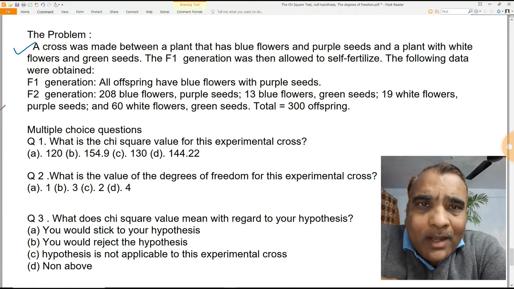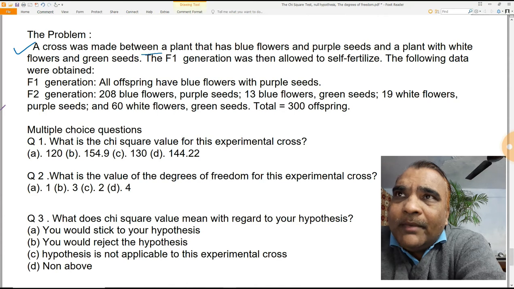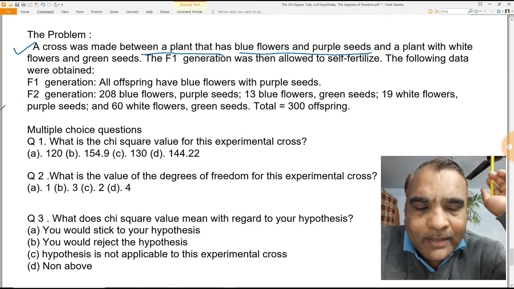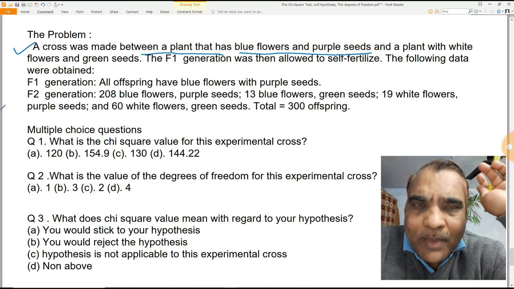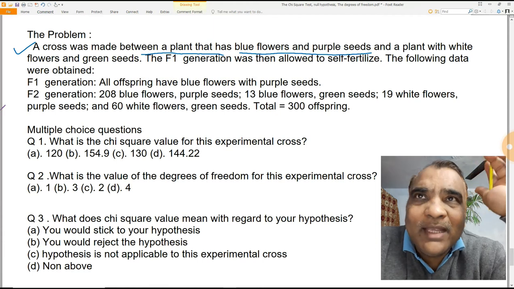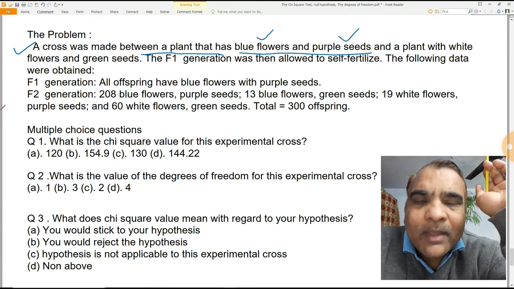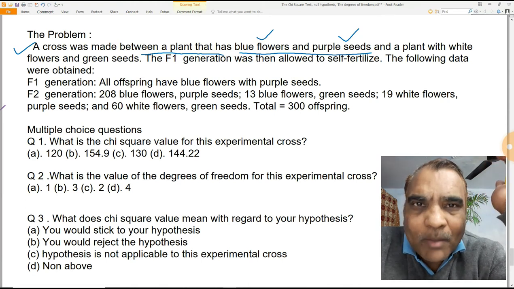A cross was made between a plant that has blue flower and purple seed. So this is one parent. One parent plant is producing blue flower and purple seed, and we are making a cross with another parent plant.